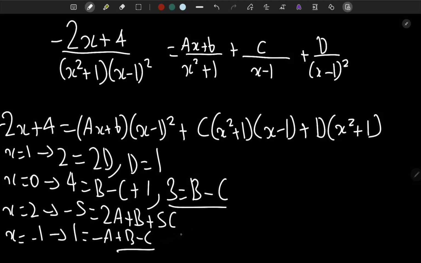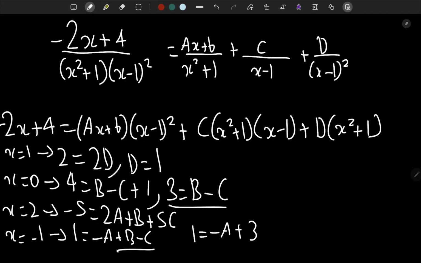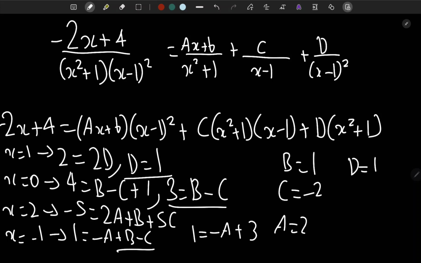So we will get 1 is equal to -a plus 3, and a here is, as I was saying, a is gonna be here 2, and we can solve for every other value here then, and b is gonna be 1, and c is gonna be -2, and d we already got it, so d is equal to 1.